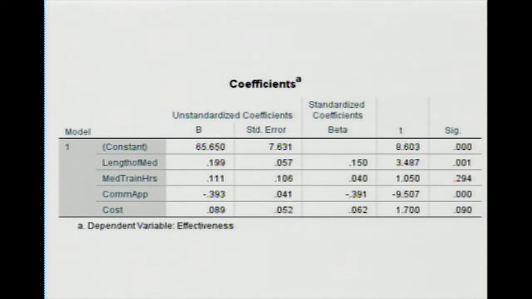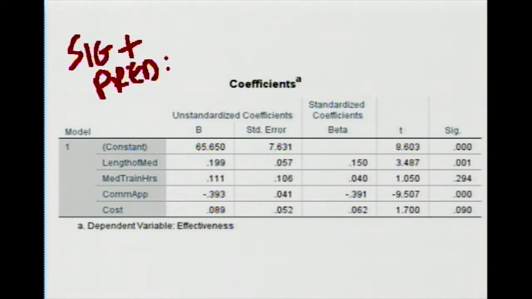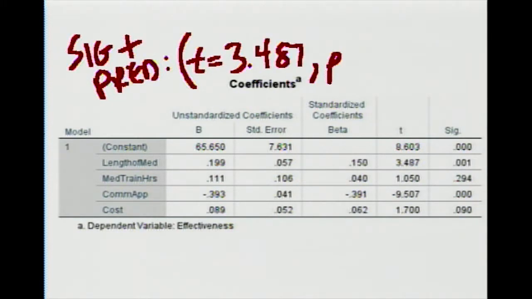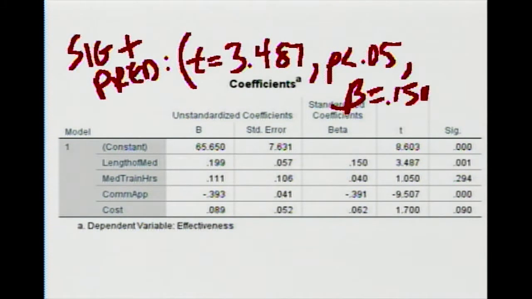Now, as we were to write these up, we would say that we have one significant and positive predictor, and that's length of mediation, so T equals 3.487, and we would say P is less than 0.05, and then we'd also add the beta weight of 0.150.